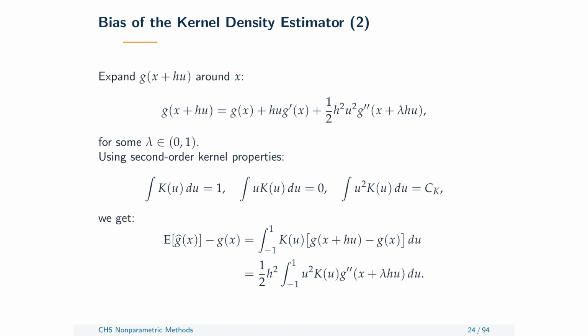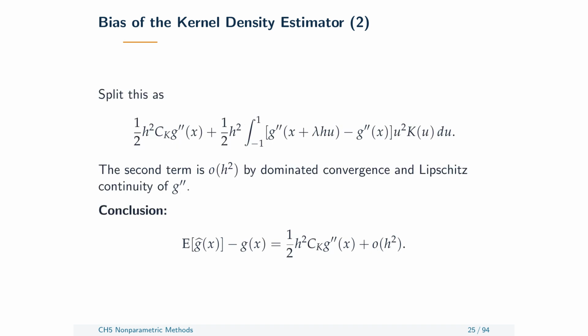The next part, the one tied to the slope, cancels out because the kernel is symmetric. What survives is the leading bias, and it grows with the curvature of the density, the second moment of the kernel, and the bandwidth squared. This result gives an important interpretation.